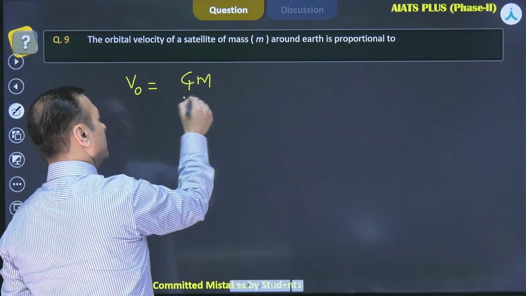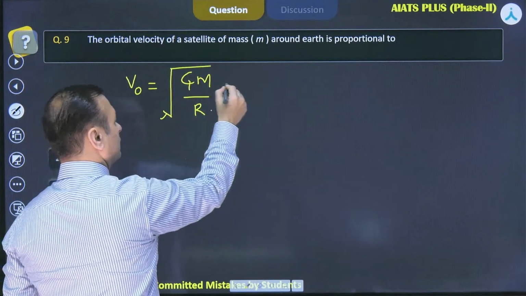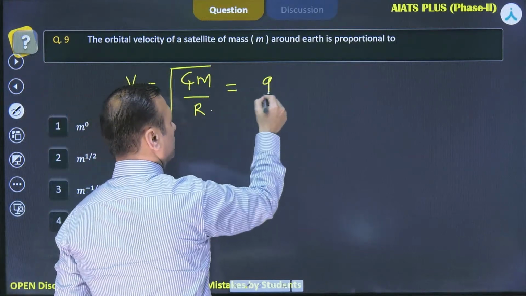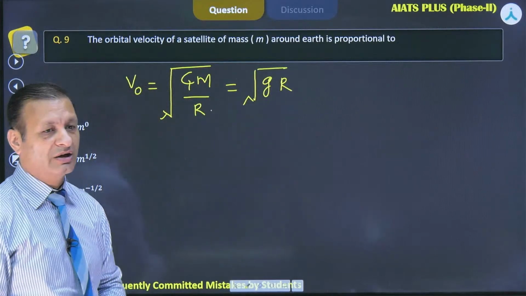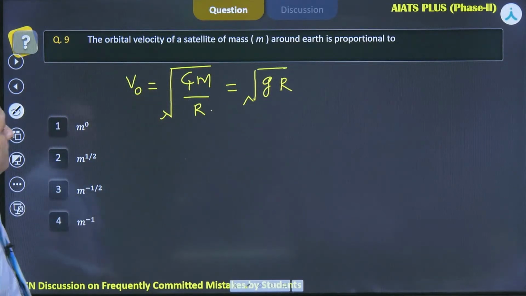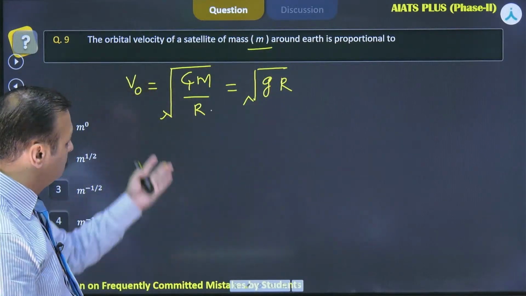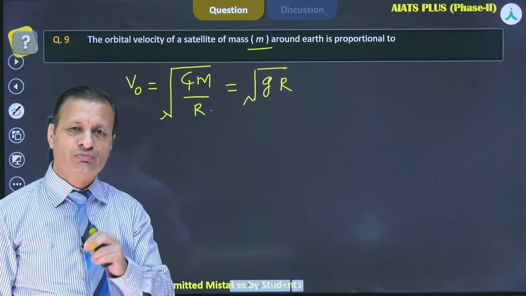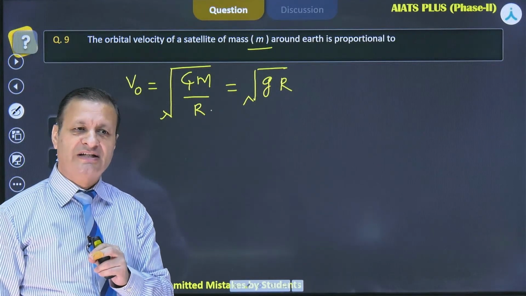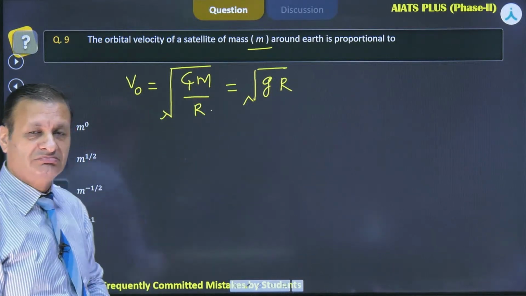Either you can put it like this, root of GM by R, or root gR. Satellite of mass m. Do we have any small m, any variable there as small m? Does it depend on the mass of the satellite?